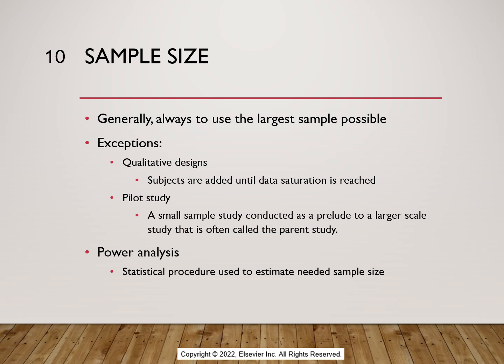So make sure that when you're reading through your research article in the methodology section, look for the sample size and see whether the researchers did that power analysis in order to determine a good sample size to be able to apply these results and generalize them to the larger population.